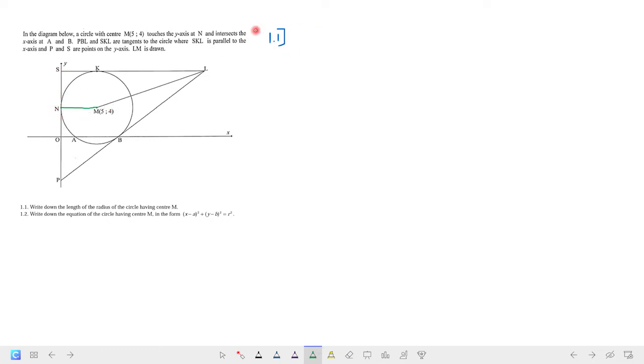So what is the first thing that we're going to say? When we answer, we're going to say NM is perpendicular to what? To the y-axis. What could be the reason for that? Radius perpendicular to tangent.